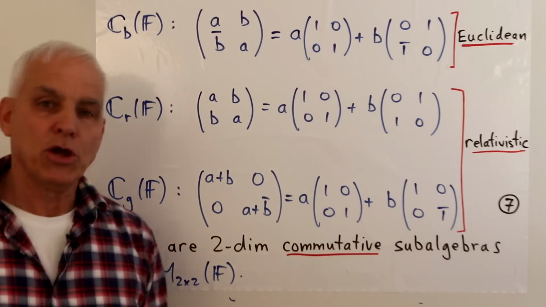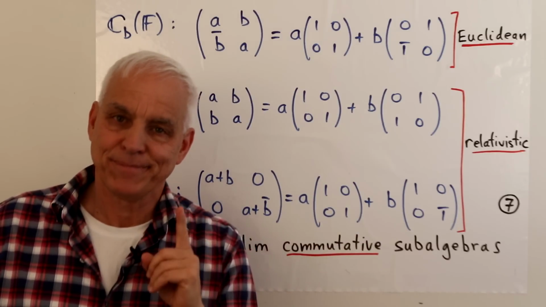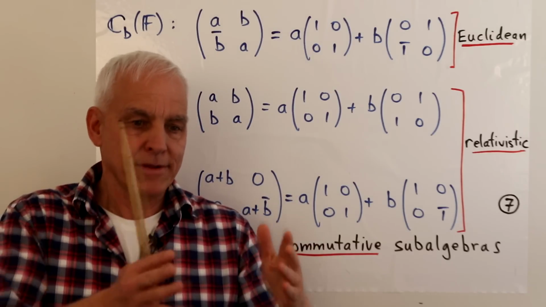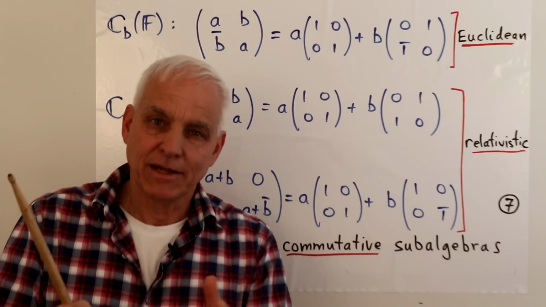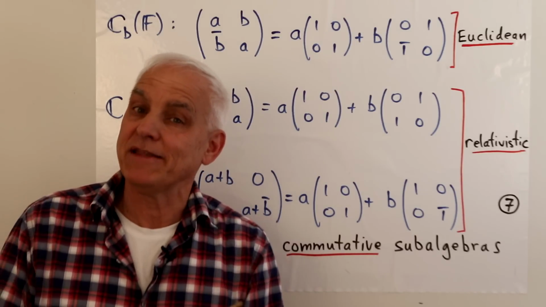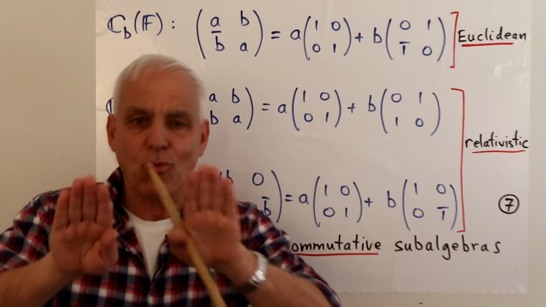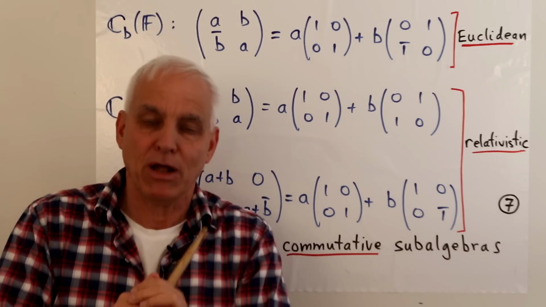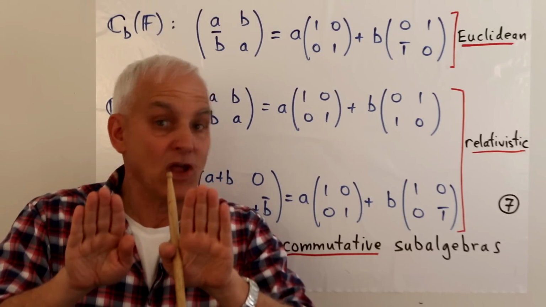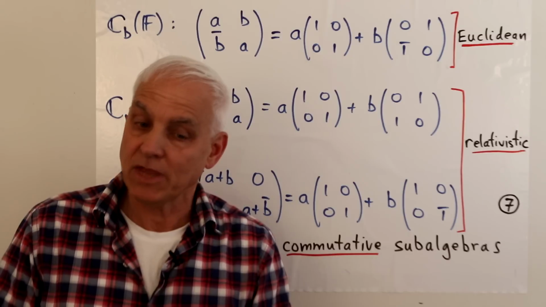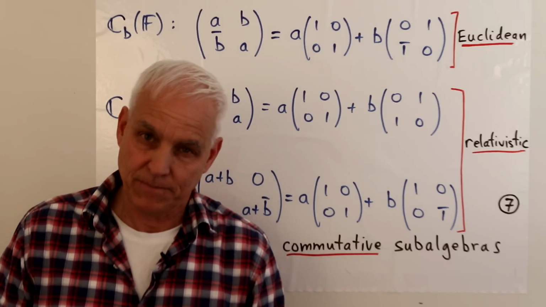they are all commutative. Usually when we go from elements in a field to matrices, we have to deal with the complexity that matrix multiplication is non-commutative. We have to worry about the order of matrix multiplication. A times B is not necessarily the same as B times A for general matrices, even for general 2 by 2 matrices.